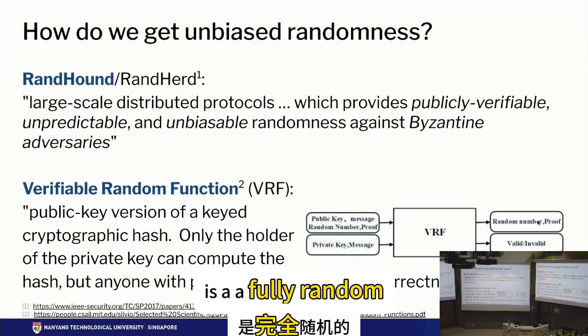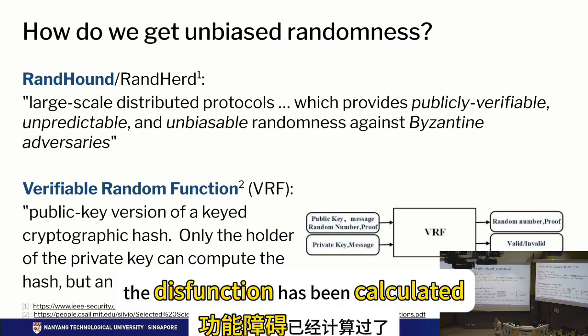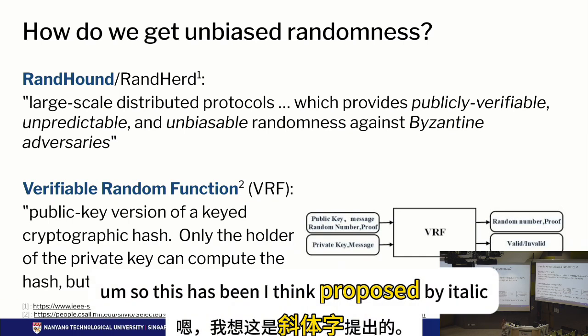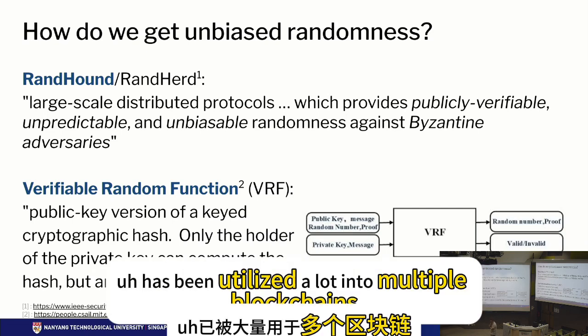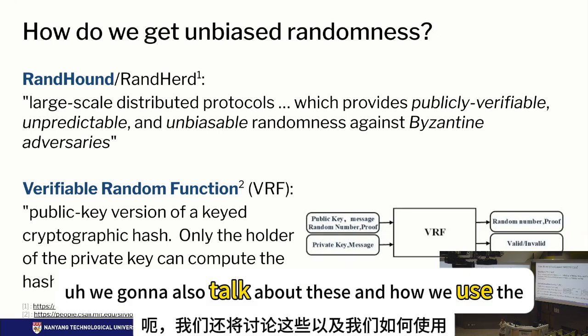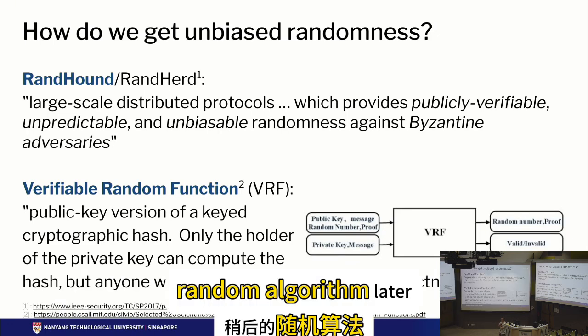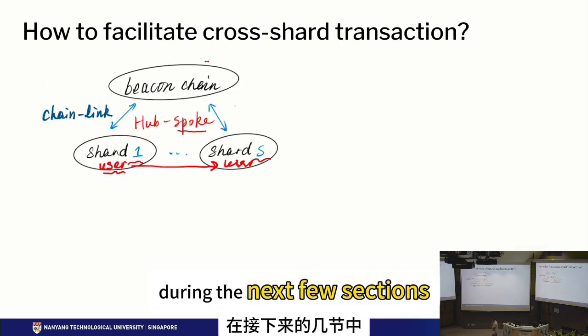This is a fully randomized number after this function has been calculated. This was proposed, I think, by Vitalik, and has been utilized a lot in multiple blockchains. We can also talk about how we use the random algorithm later during the next few sections.